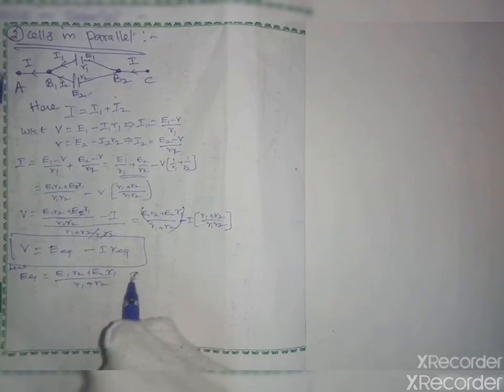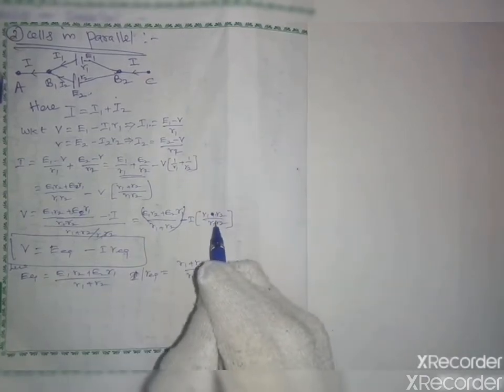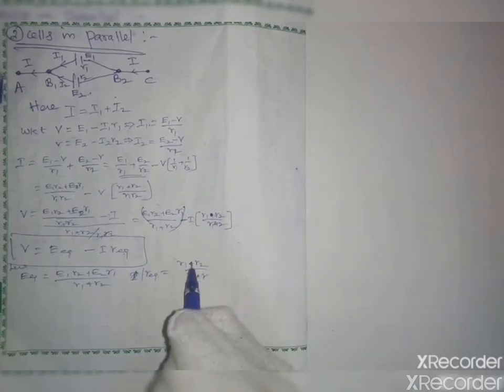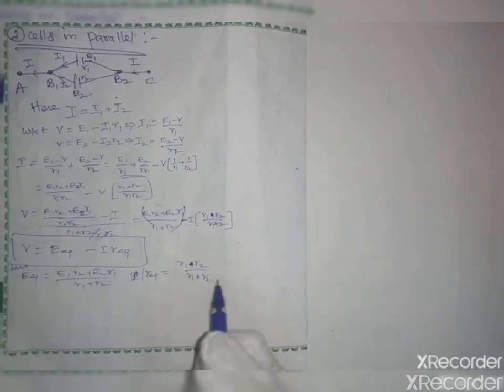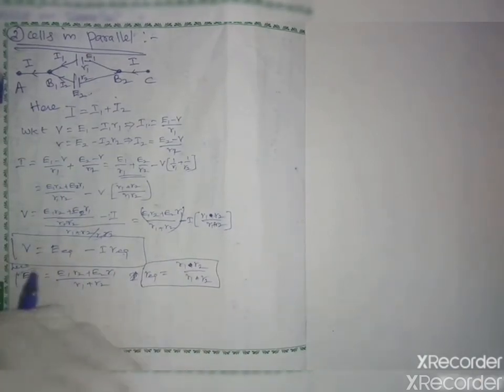The equivalent internal resistance is R1 R2 divided by R1 plus R2. So this is the equivalent internal resistance, and this is the equivalent EMF of the circuit.